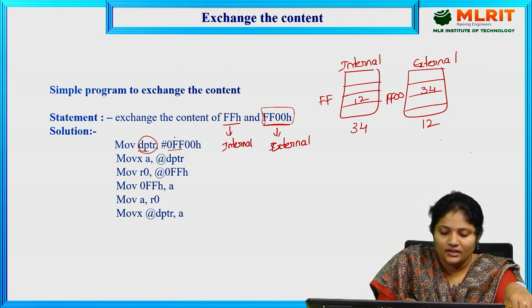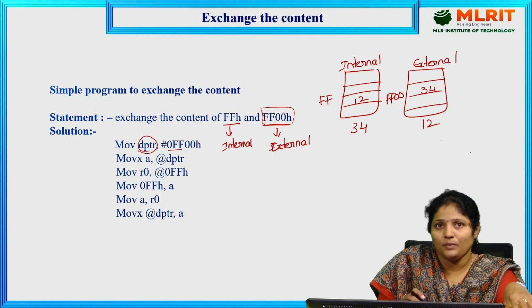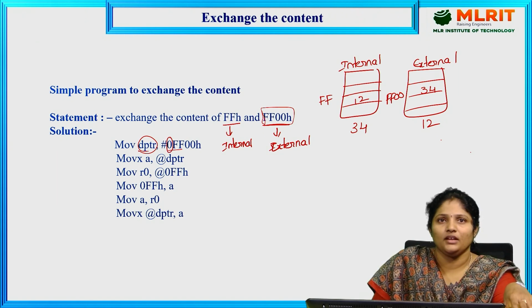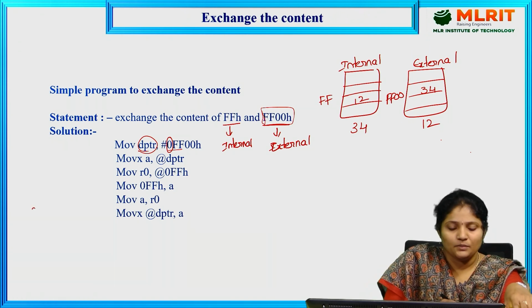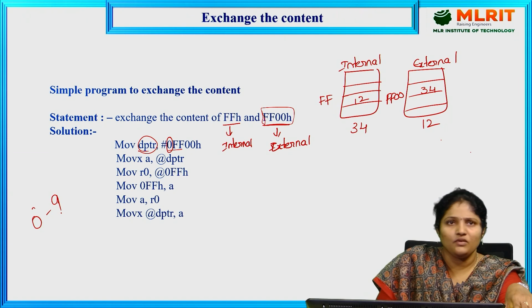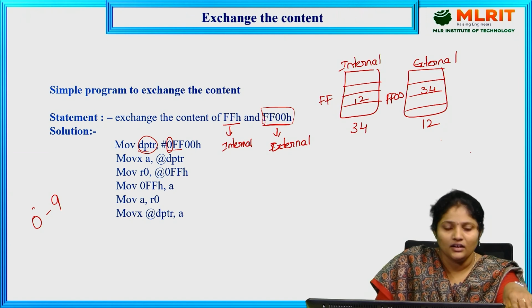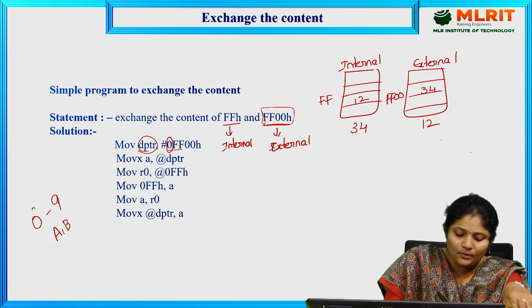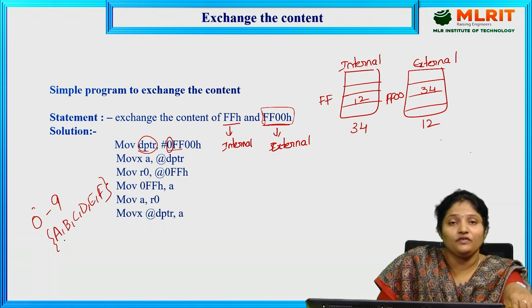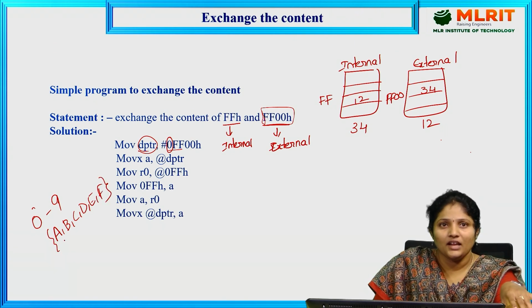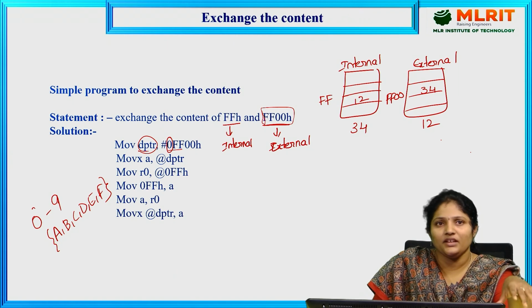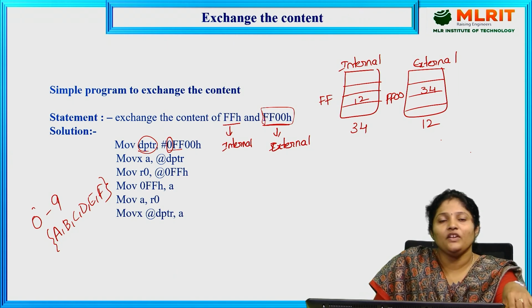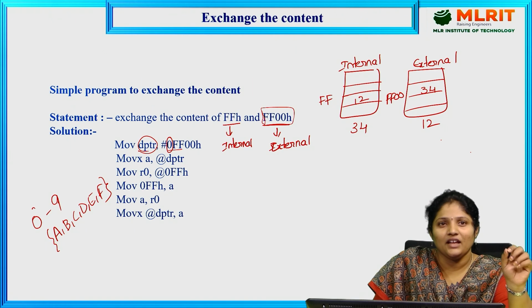But here one thing is there: before the direct memory address FF00, why are we using 0 over here? If we are representing hexadecimal numbers, the digits from 0 to 9 are equivalent to the decimal numbers, but after that we mention A, B, C, D, E and F, from 10 to 15. In this case, we can't represent alphabets directly in the first position.